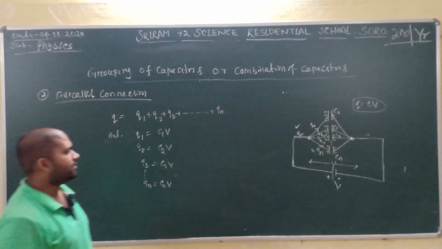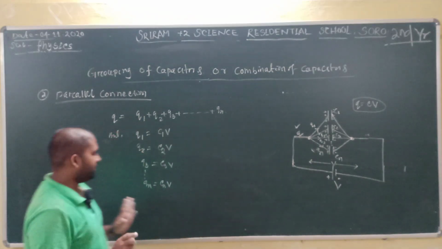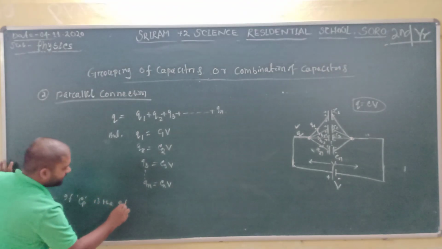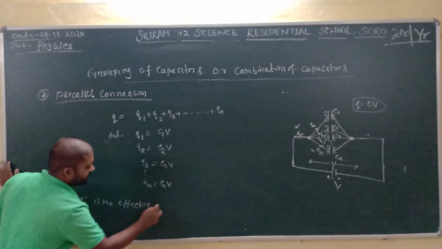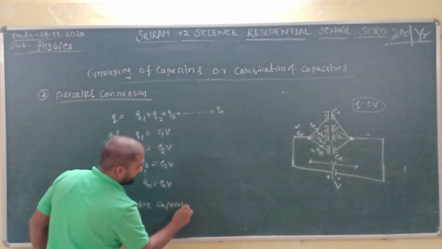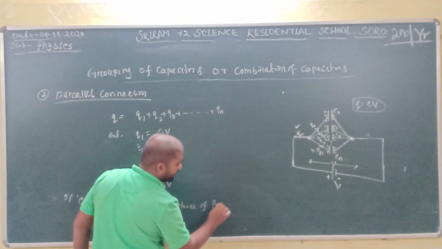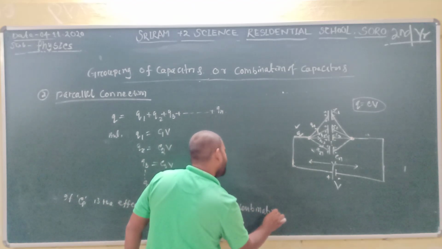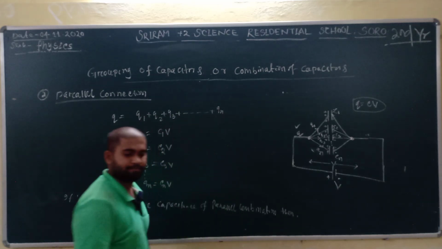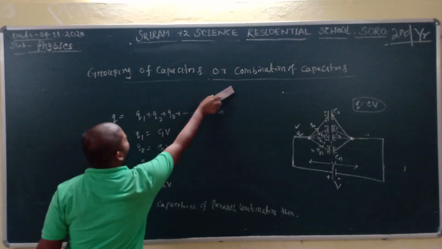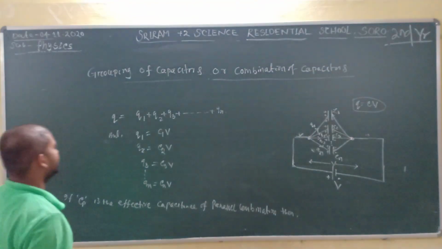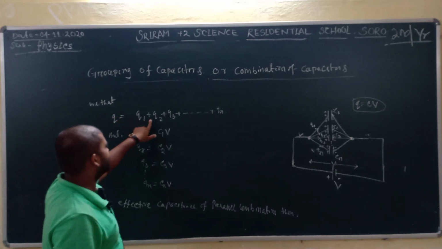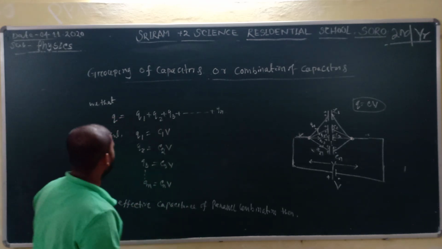If Cp is the effective capacitance of the parallel combination, then we have Q equals Q1 plus Q2 plus Q3 dot dot Qn.